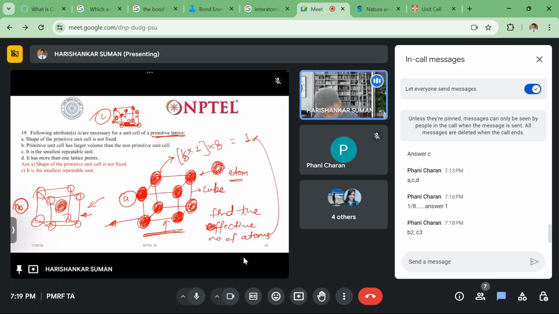This type of calculation I think you have done in BSc or 12th.